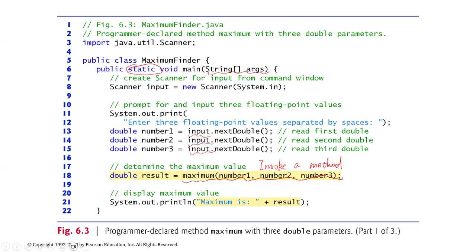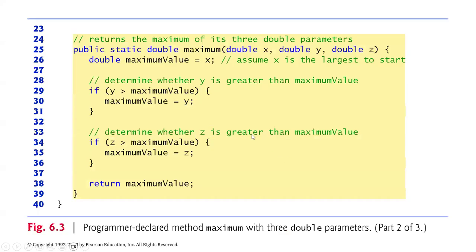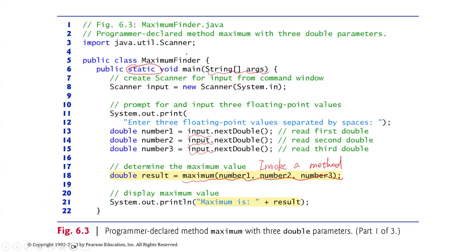Okay, let's take a look over the next slide. Here is the method definition. We use the static keyword to avoid creating an instance to use this maximum. As we can see in the previous slides, we call it directly, right? We didn't do something like new maximum, right?